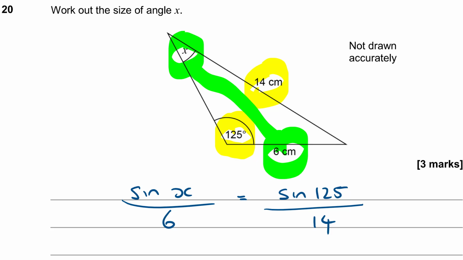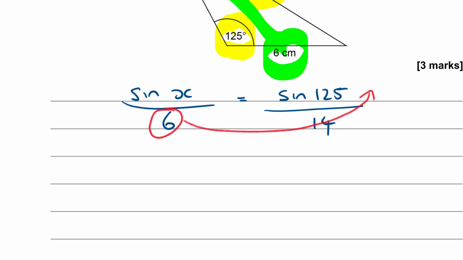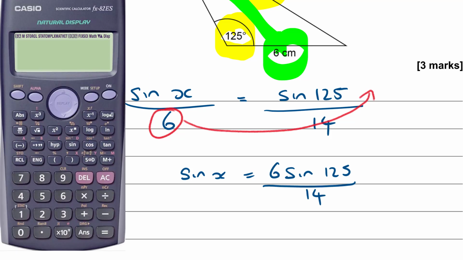Okay? So just need to rearrange that now then. So take that 6 and move it up there. So we get sine x equals sine 125 times 6 over 14.